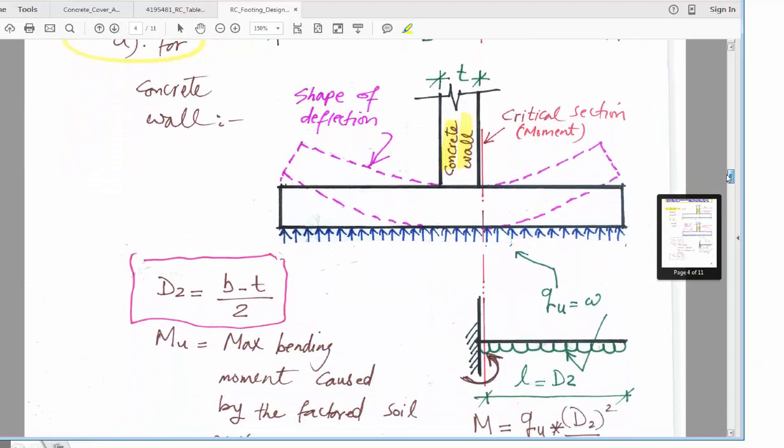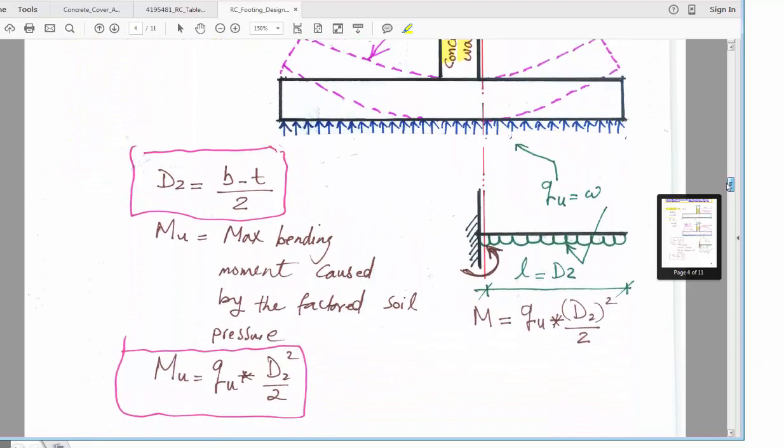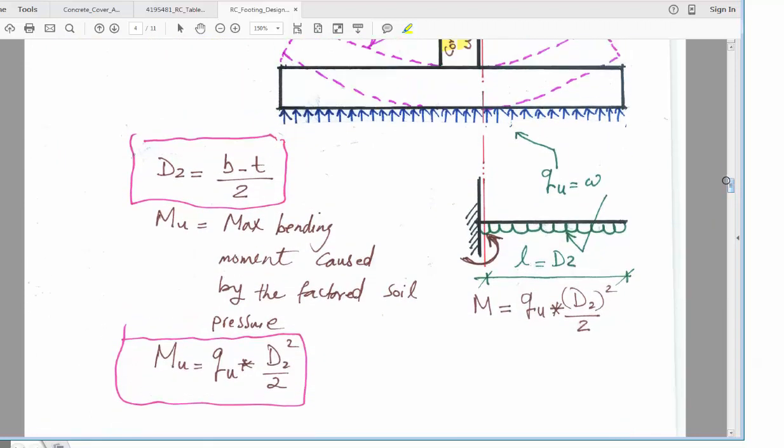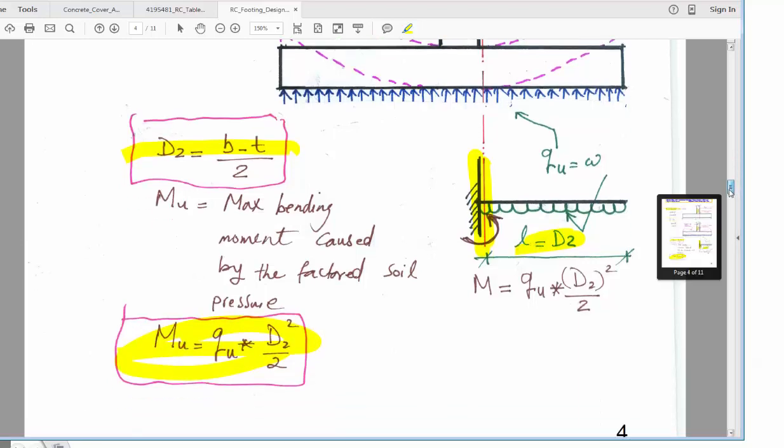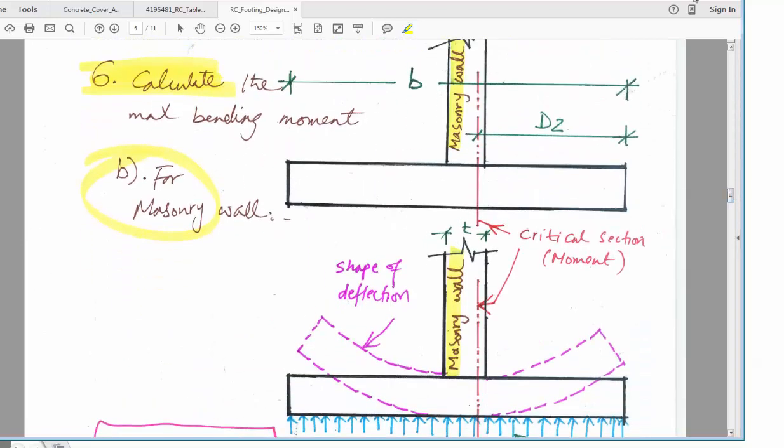To calculate it, here are the rules we need. The maximum bending moment happens at the face of the wall here. So this distance is d2. We calculate d2, and then we use the equation WL squared divided by 2 to calculate the bending moment. So that's the step. Let's do that. Step number 6.